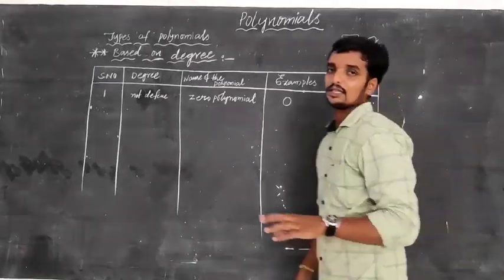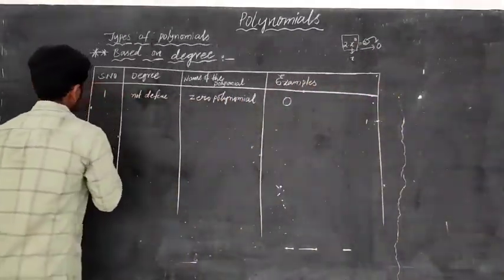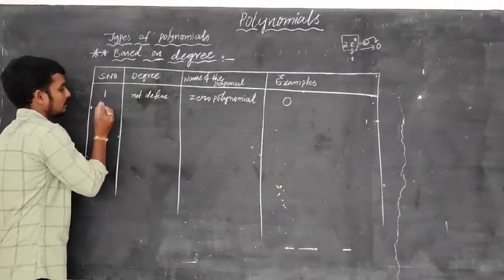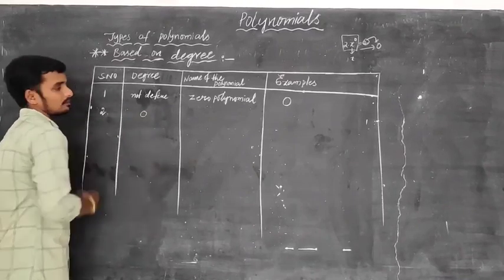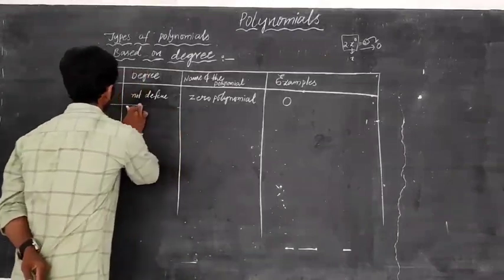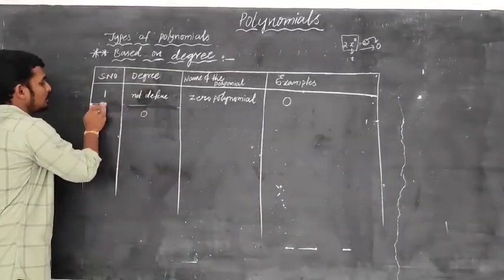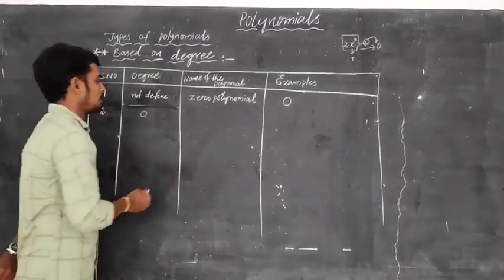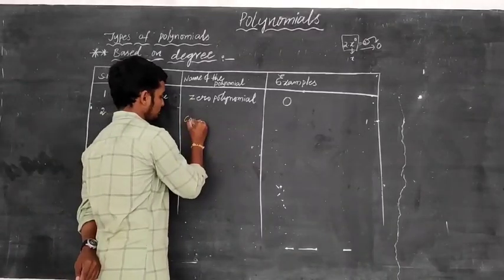The example is 0. Now the second: the degree of a polynomial is 0. Then the polynomial is called a constant polynomial.